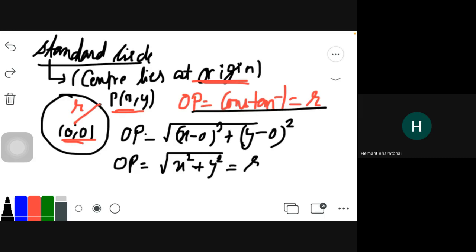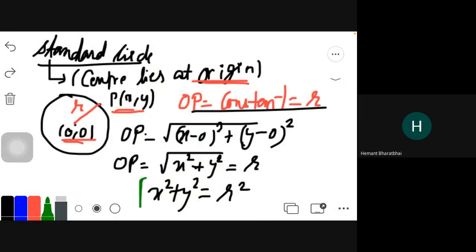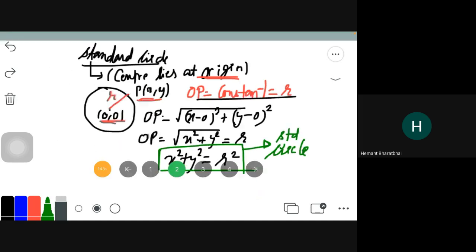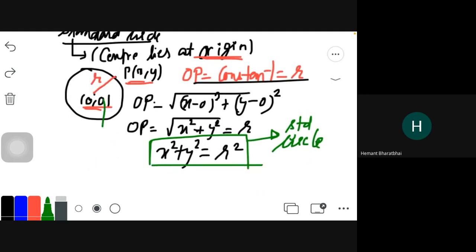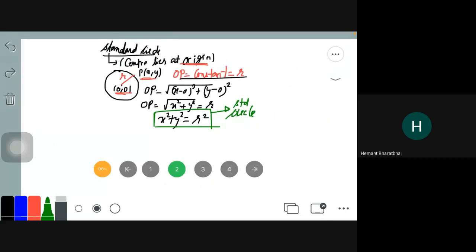Now, to remove the square root, I take the square, so I get x squared plus y squared equals r squared. This is the required equation of the circle, and it is the equation of a standard circle. We can call this the equation of the circle in the standard form.